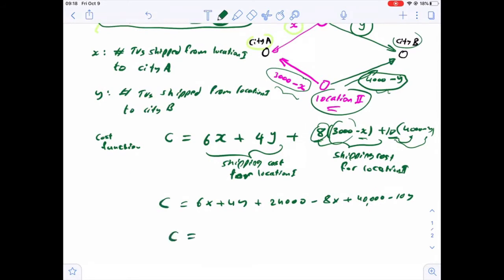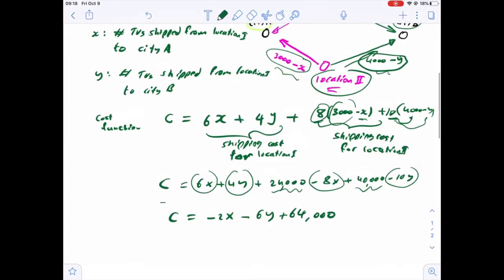And then we simplify more. We have 6x minus 8x, that's negative 2x. And we have 4y minus 10y, that's negative 6y. And we have 24,000 plus 40,000, that will give us 64,000.